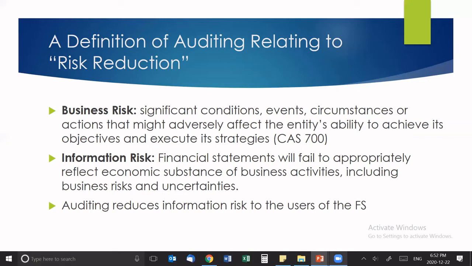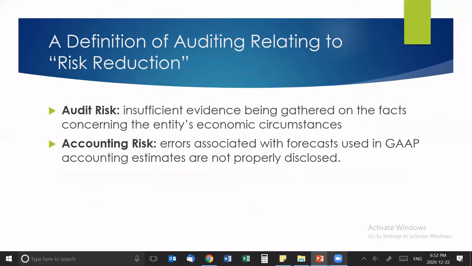Auditing tries to reduce the information risk to the users of the financial statements. If financial statements have been audited, this will substantially reduce the information risk, because we gain some assurance that the financial statements are reflecting the economic substance of the business.